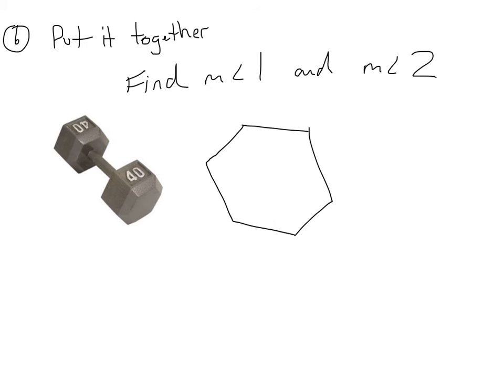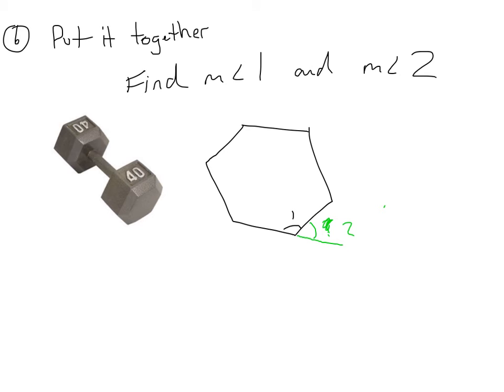What you need to find is, when you set this weight down, what's the angle that's created right there? But in order to know that, we'll also have to know what that angle is right there. So we'll call it angle 1, and we'll call this one angle 2. We're going to find the measures of angles 1 and 2.